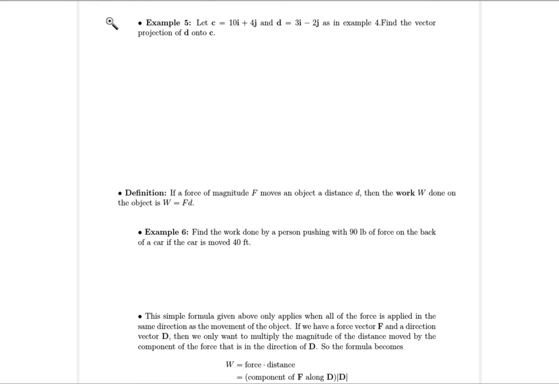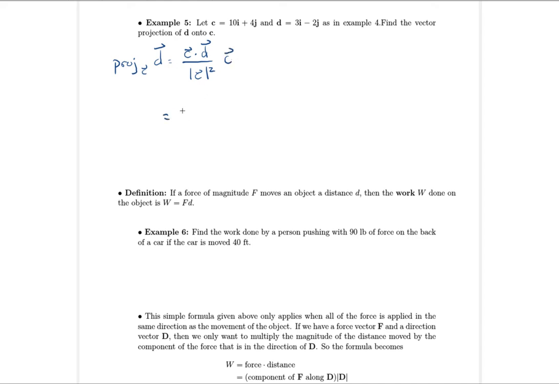But let's just start from scratch so you can see how that formula works. So when I write it out, the projection of D onto C, right? C is the one that's going to show up a bunch, so it's going to be C dot D over the magnitude of C squared times the vector C.